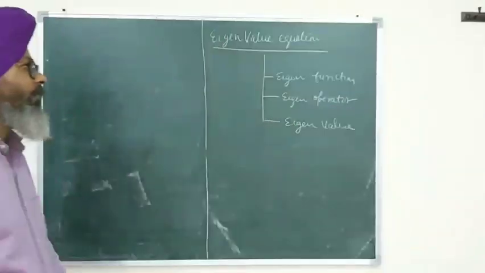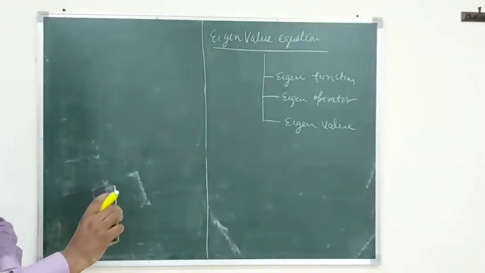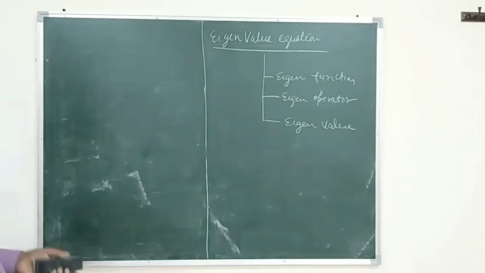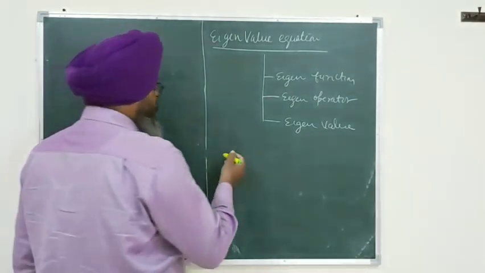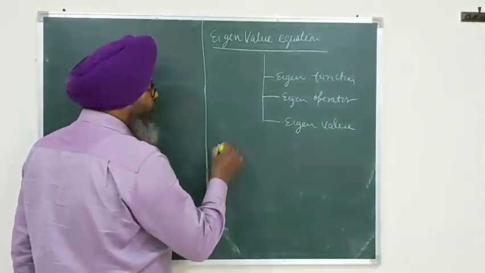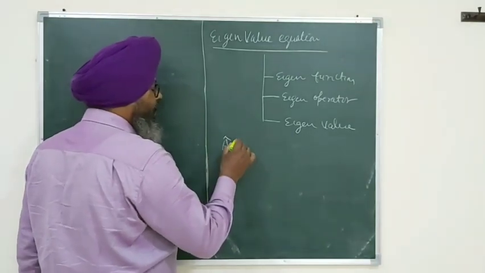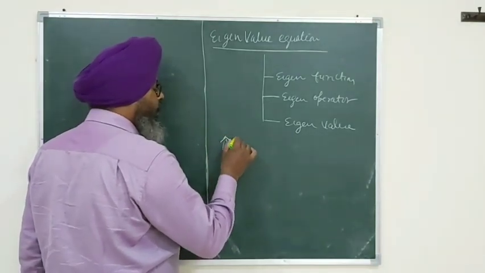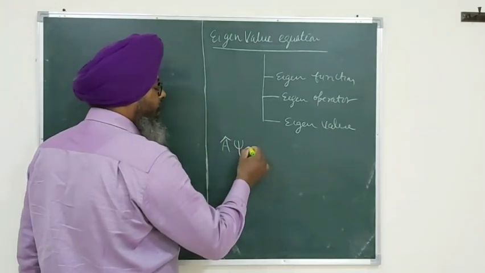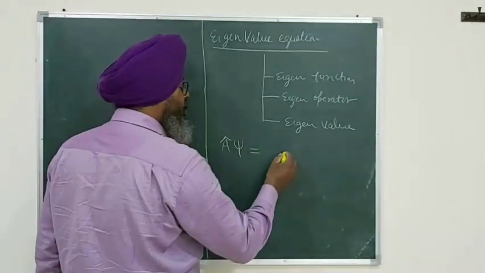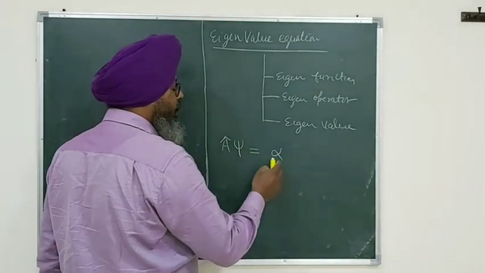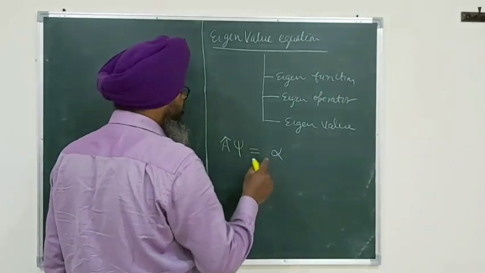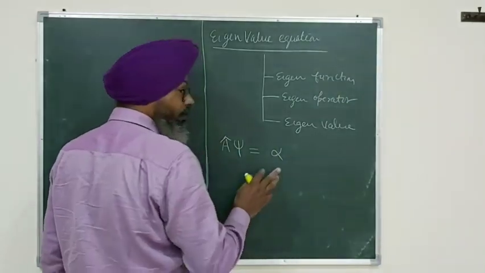Okay, the definition of the eigenvalue equation is very simple. So what is the definition? If an operator A cap is applied on some wave function psi, and in the result we get some constant, that constant may be real, may be complex, please remember, but it will be a constant of the system.